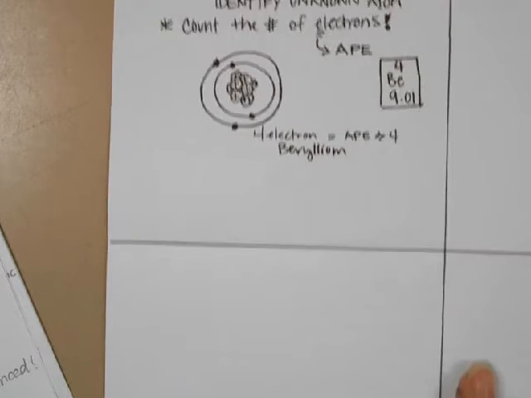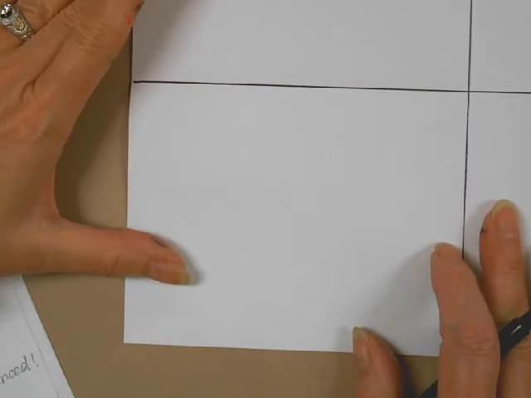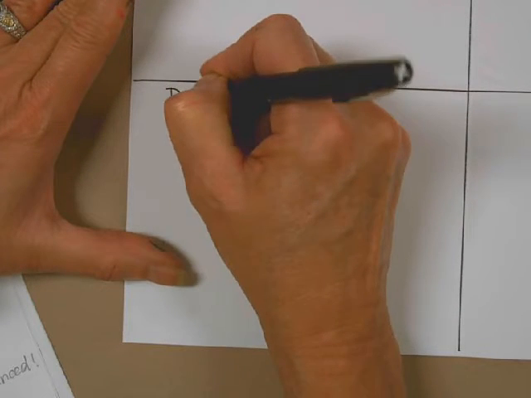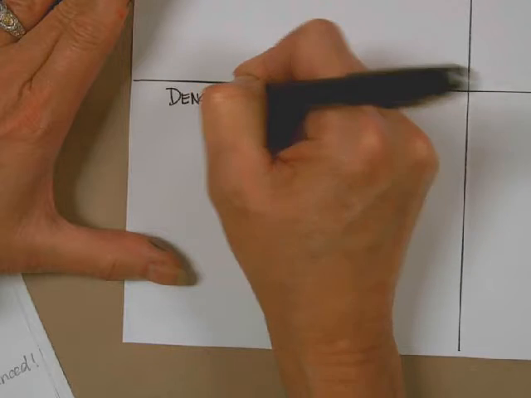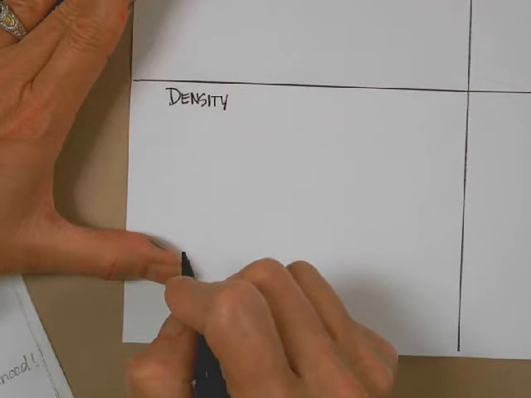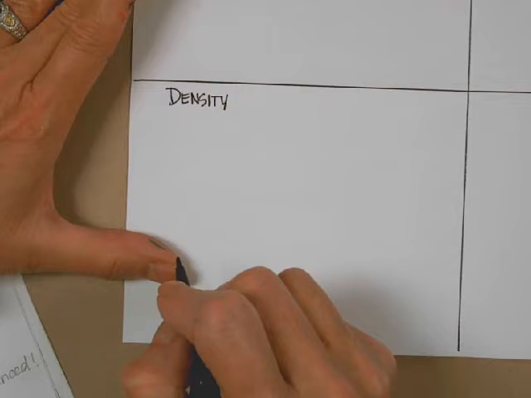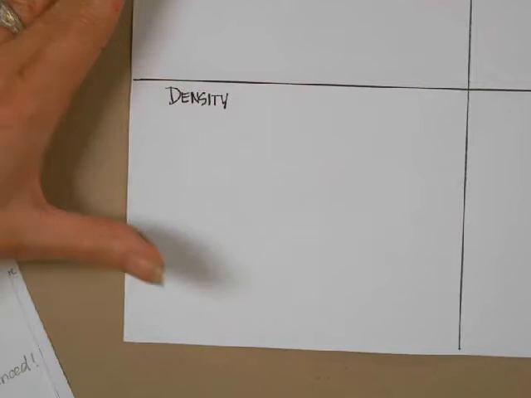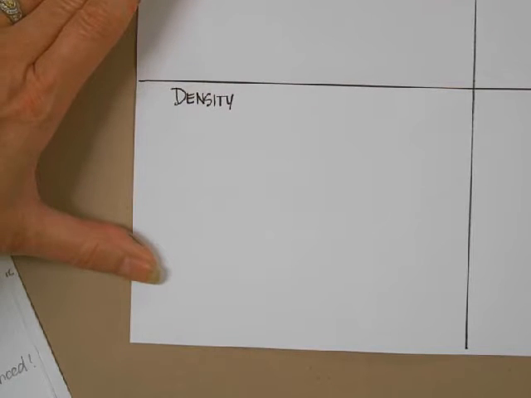So we're going to do a quick density review. Density is a ratio between mass and volume, meaning the denser things have atoms that are tightly packed, whereas less dense things have atoms that are less tightly packed. And that's all this means, okay?